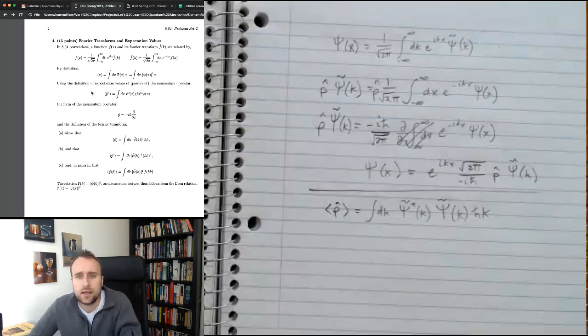So we know we're going to want to cancel off this integral with the momentum operator. We also know that we're probably going to want to differentiate this e to the ikx because we're going to want to drop down the factor of k.